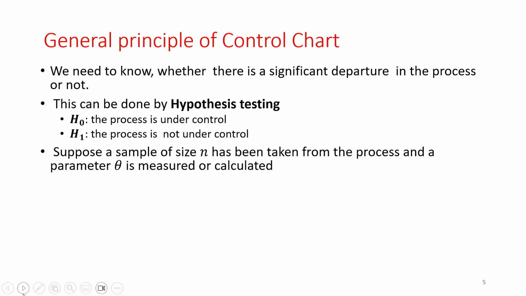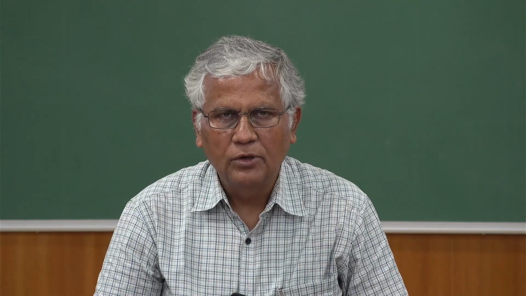So there is a process which is going on, the process of manufacturing fabrics. It could be manufacturing yarn, it could be manufacturing some apparels, whatever it is. Let us say we take a sample of size n, and an arbitrary parameter theta is measured.